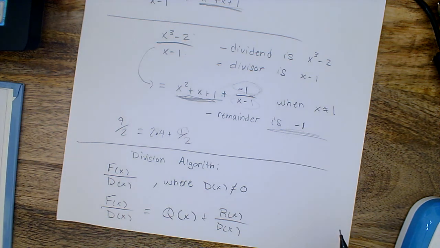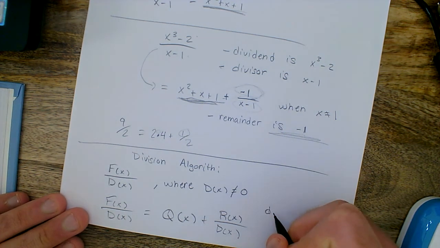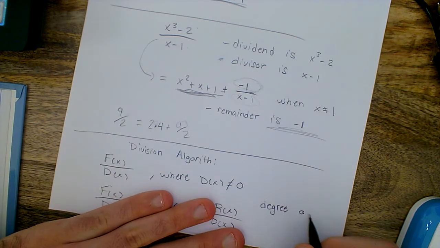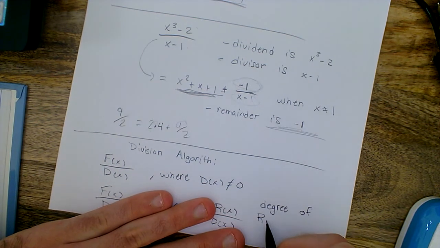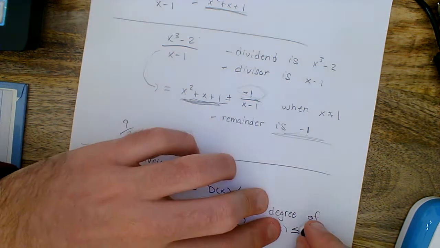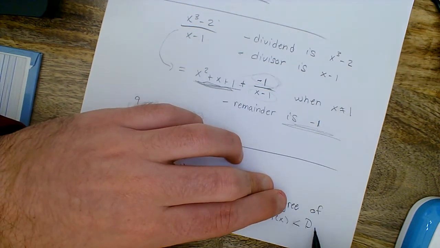Okay. So we also have to have that the degree of r of x is strictly less than the degree of d of x.